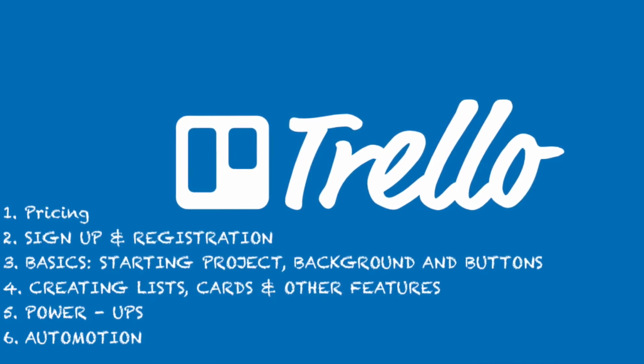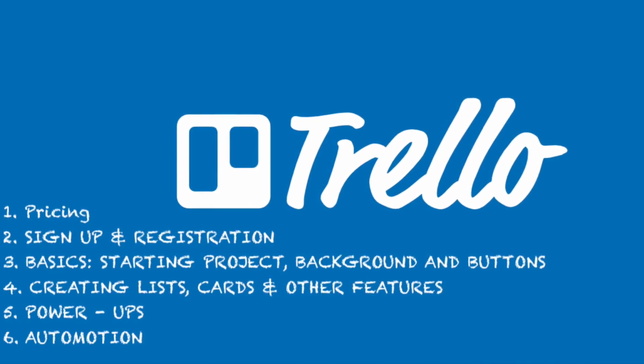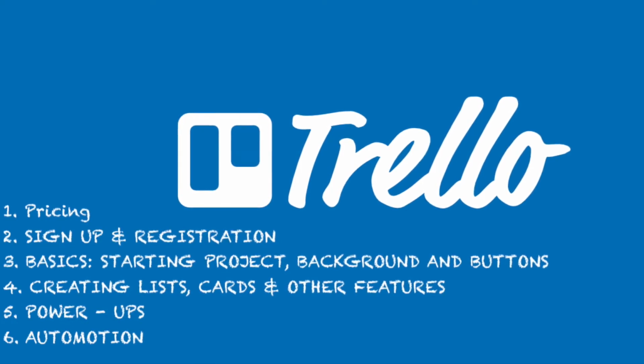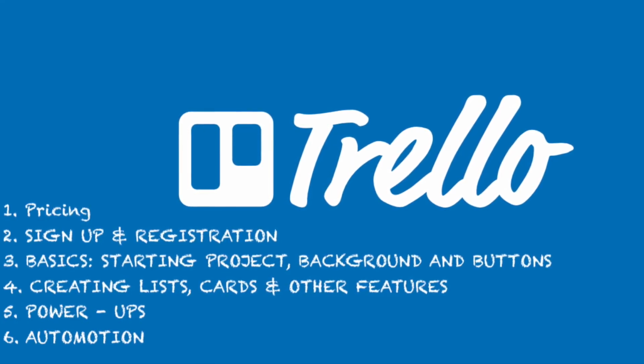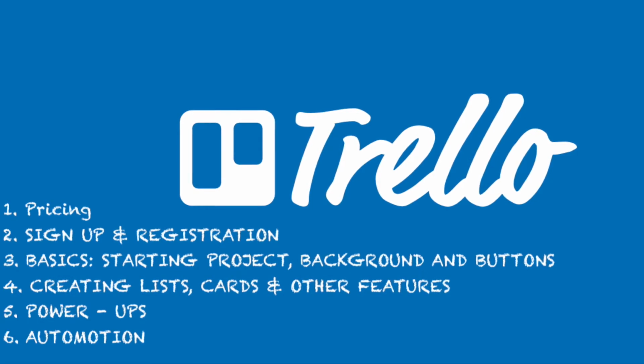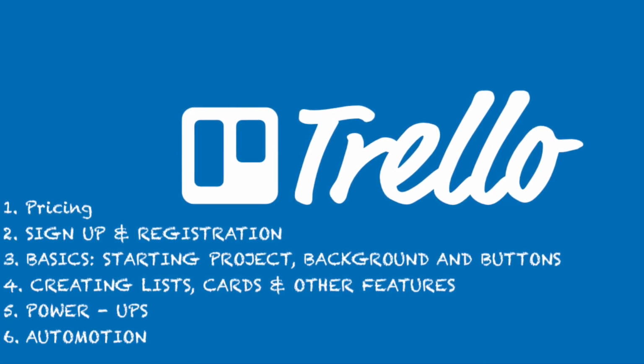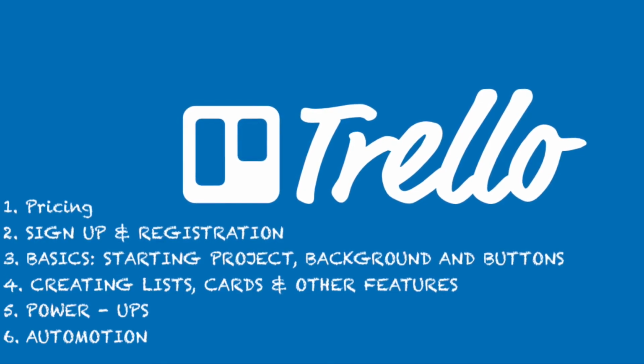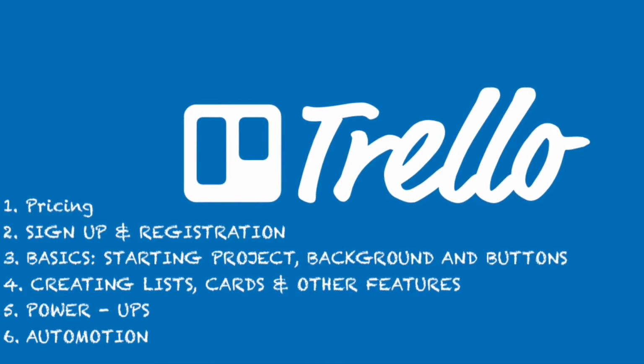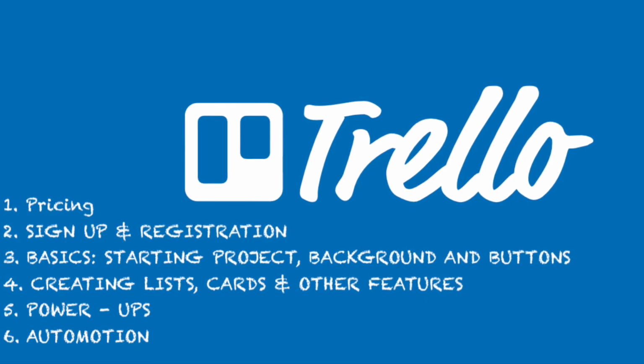Then we're going to talk about the basics, like starting a project or background or how basically the buttons of Trello work. Afterwards, we're going to be talking about how to create a list, what you can do with the cards, and some other features that are really interesting to see.